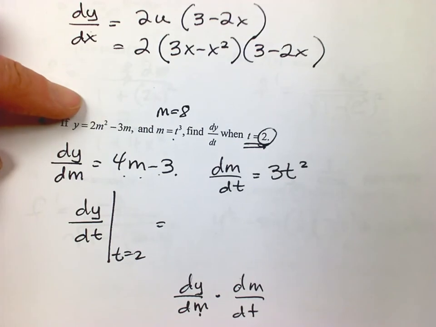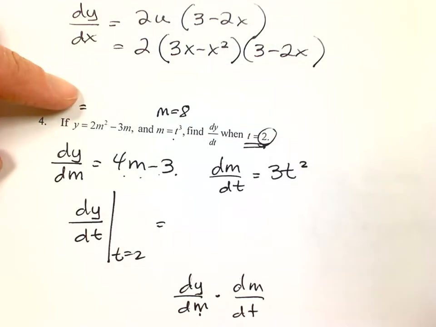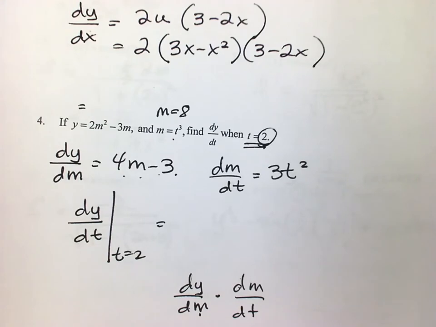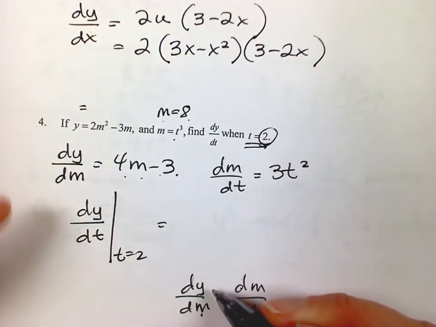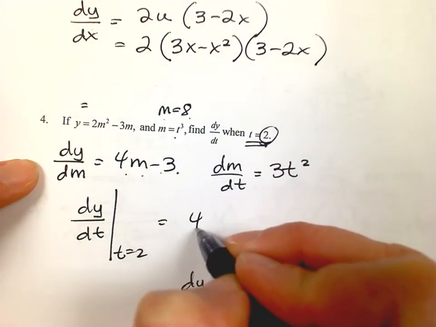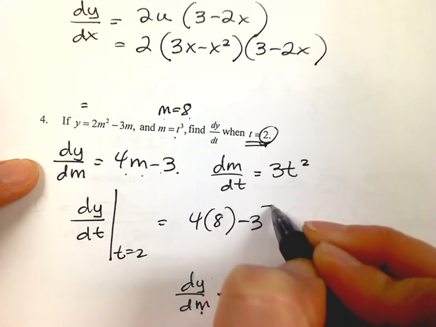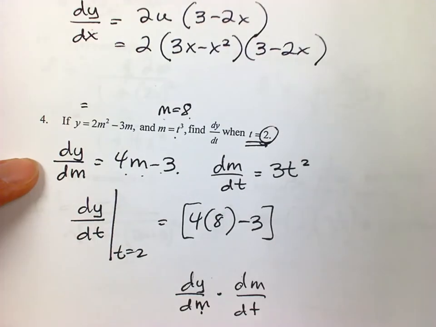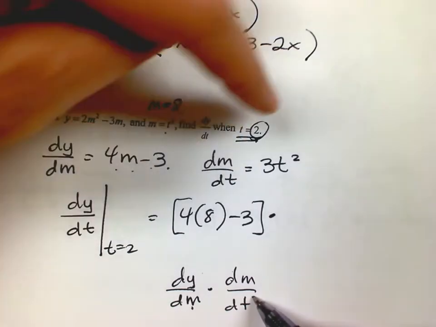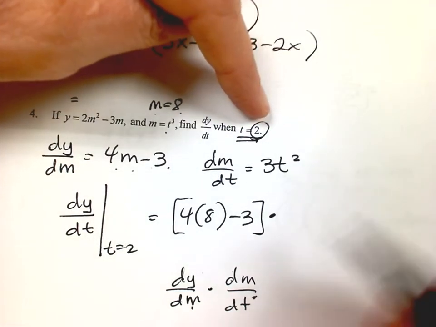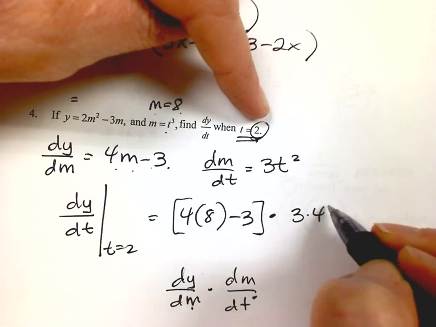And if m is 8, then I could figure out what y is if I need it, but I don't. Because as soon as I know m is 8, then I'm going to take dy/dm, which is 4 times 8 minus 3. And then I'm going to multiply this by dm/dt, but t is 2. So this is 3 times 4.